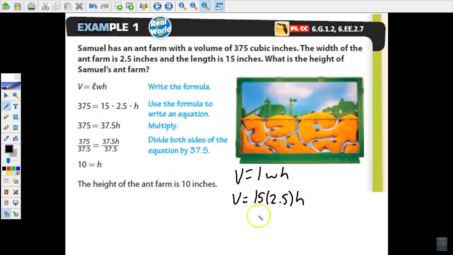So 15 times 2.5 is 37.5. Oopsies, I know the volume too. So my volume is 375. So we work it out, we get 37.5 when I multiply those two, and that's H.